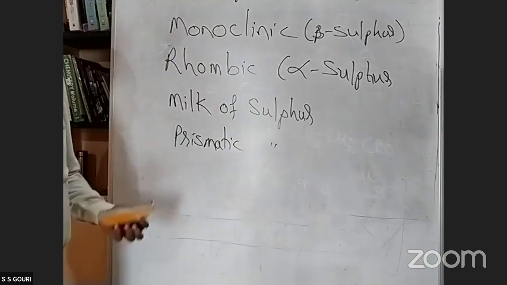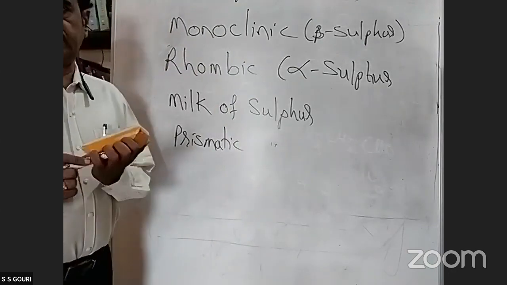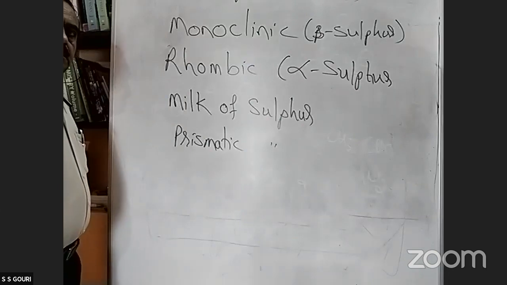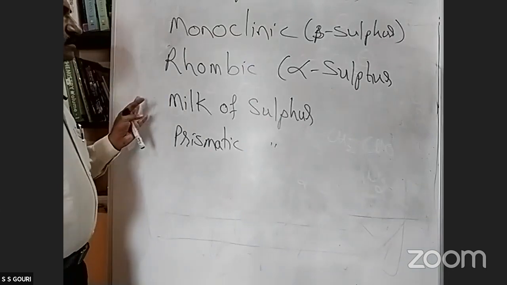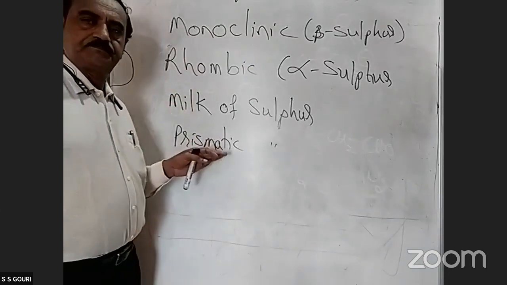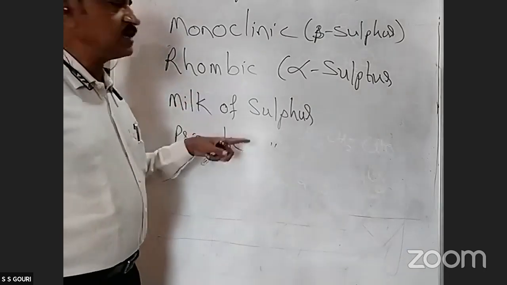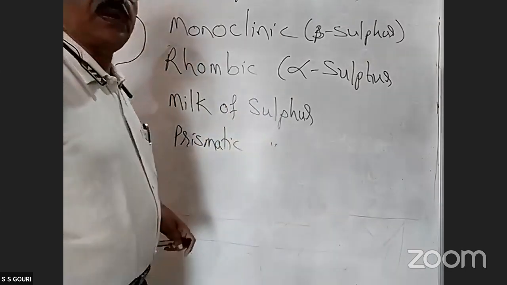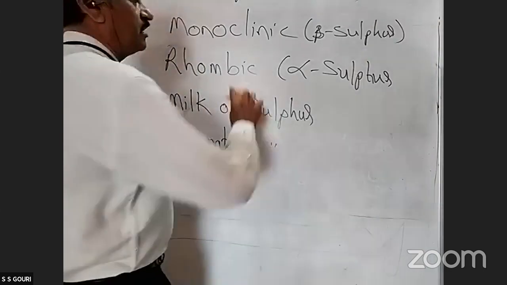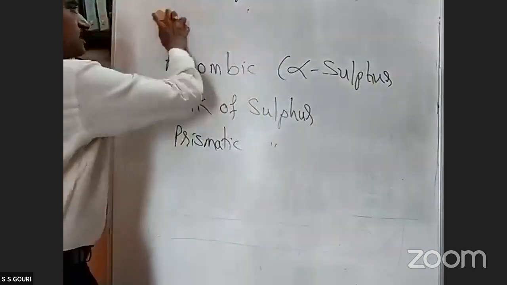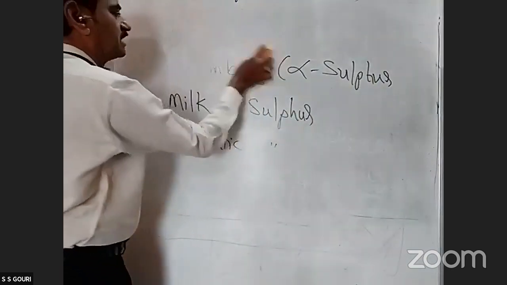Important ones are monoclinic and rhombic sulfur. All the other types of sulfur are gradually converted into rhombic sulfur only.